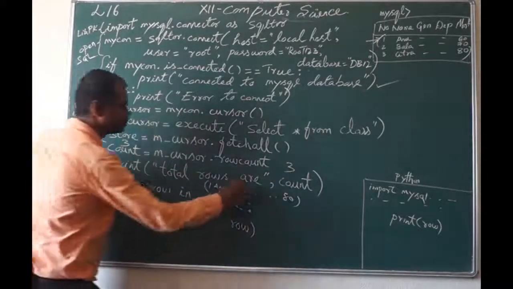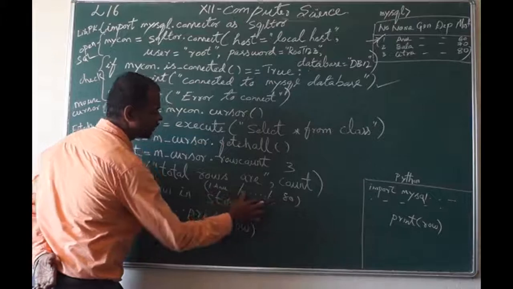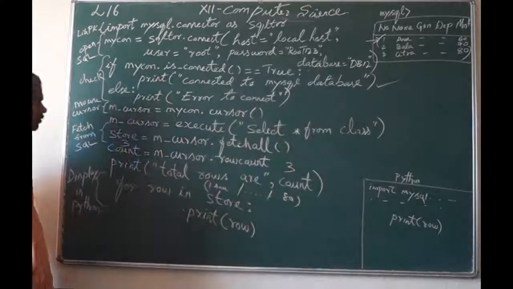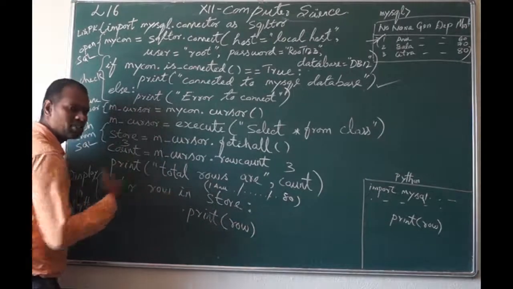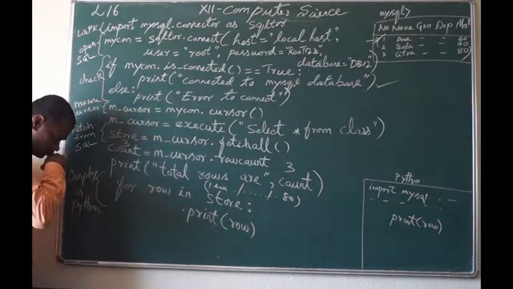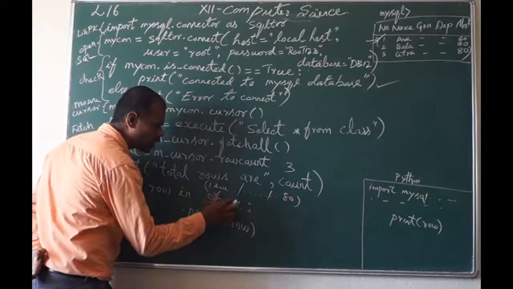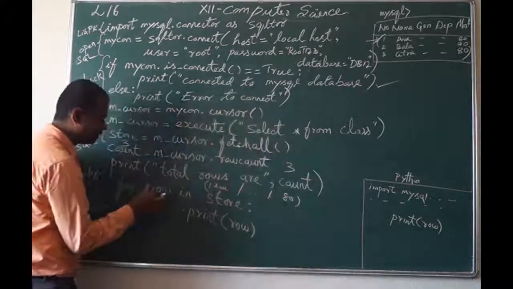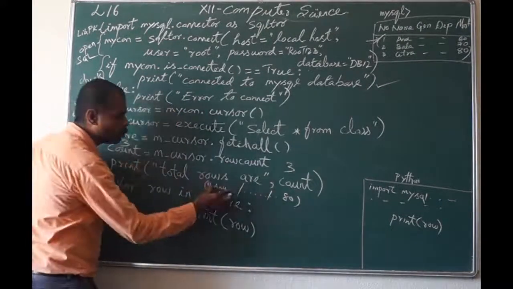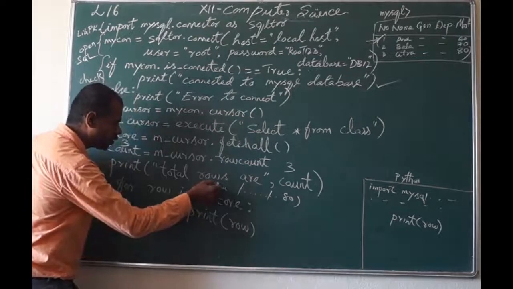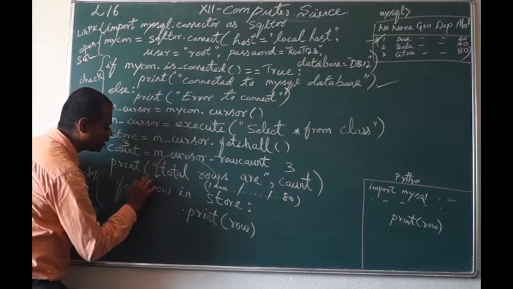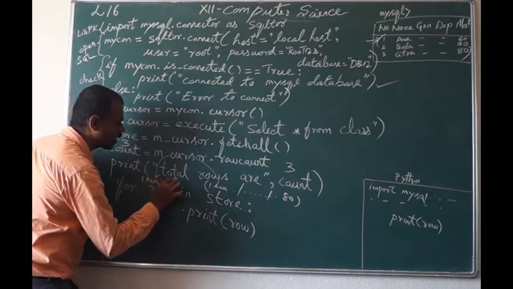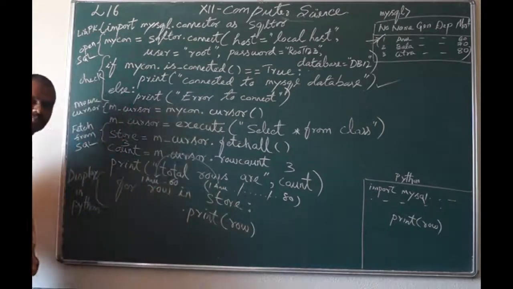Okay, fine. This is first row, second row, third row. So this row will fetch what? In the store there are 3 rows in total. This row will fetch only one row. So above the row what is there? 1 Anu 60 will be there.